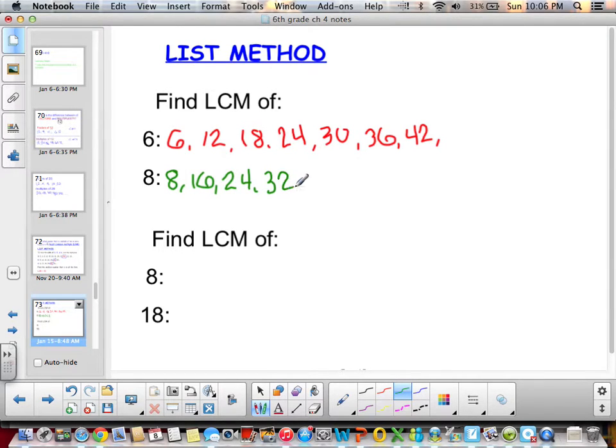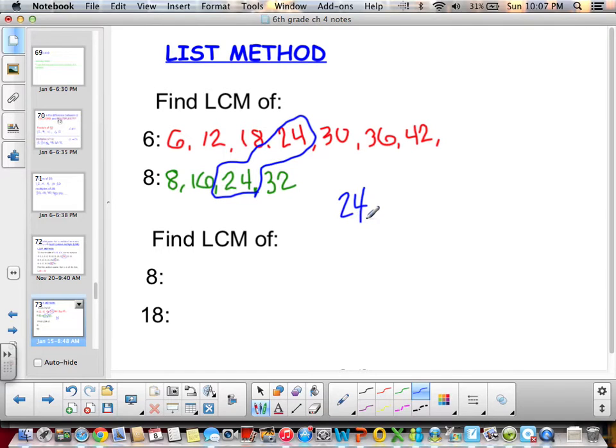Because I have two numbers, and I'm noticing right now that they both have 24, and we're only looking at two lists, I can see that they both have 24, so that is going to be my least common multiple right there, because there's no numbers less than 24. There's really no point for me to go on and on. So the least common multiple of 6 and 8 is 24.